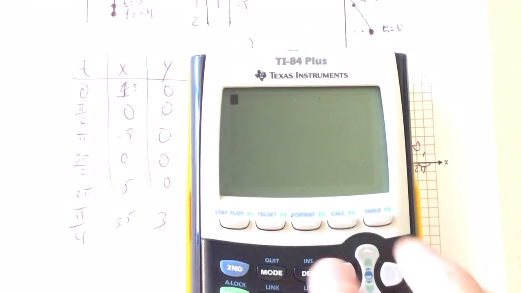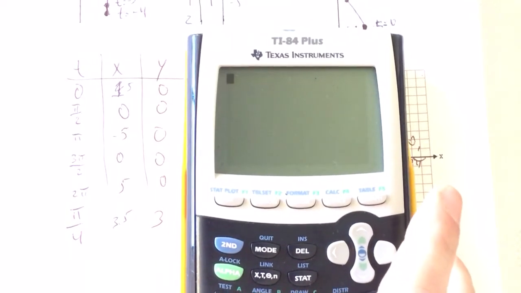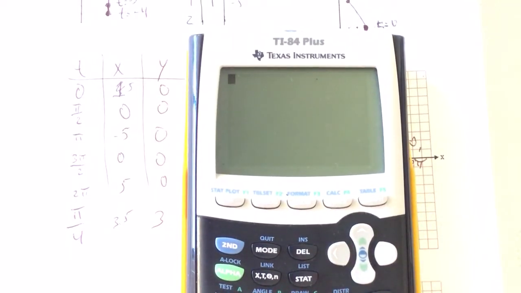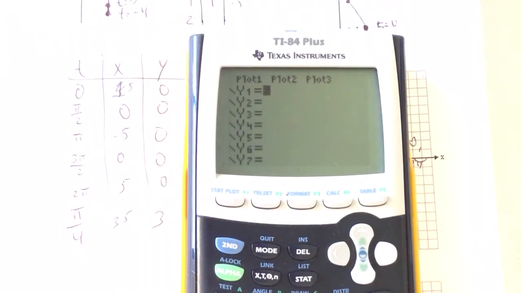Yeah. We can graph these in the calculator. Here's what we're going to do. Calculators need to be turned on. We're going to have one equation that gives us our horizontal motion, one equation that gives us our vertical motion. If we go into y equals, well, that's just y equals in terms of x.